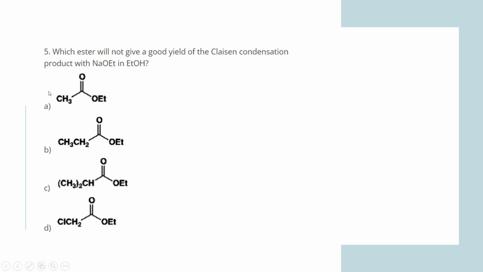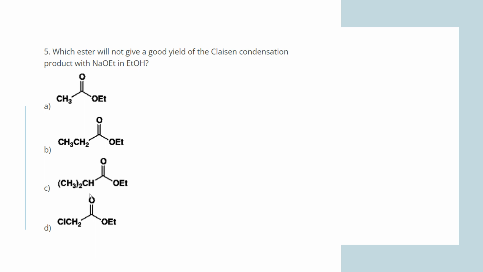In the first one, only hydrogen is going to affect. In the second one, methyl is donating. But in the third one, two methyls are donating their electron pairs, making this carbon highly electron rich. So in the first step of Claisen, if you want to generate a carbanion at this carbon, you will not get a good rate, because you will have electrons donated by these methyls and repulsion with the electrons of the carbanion.